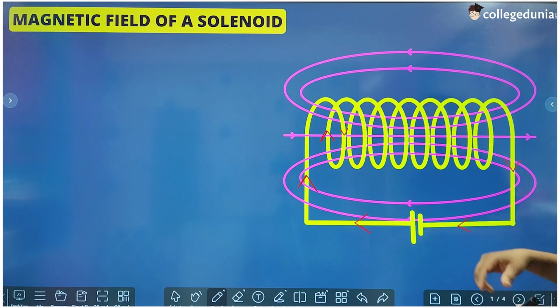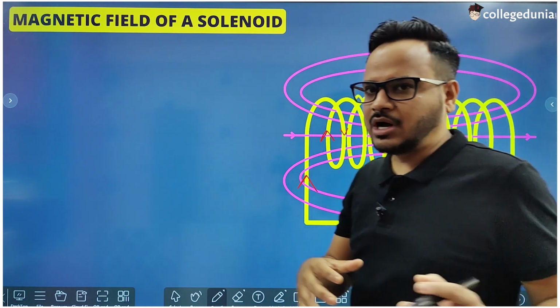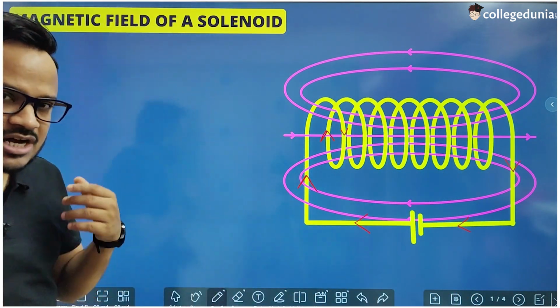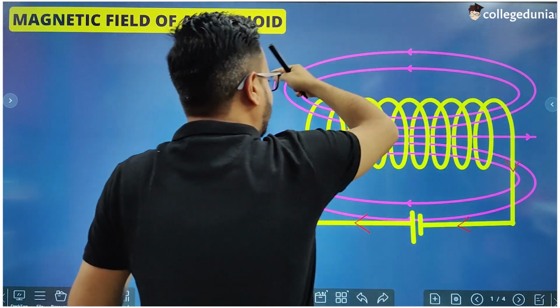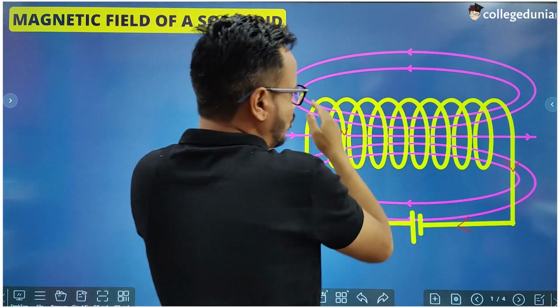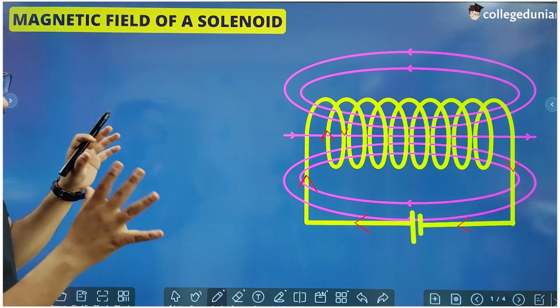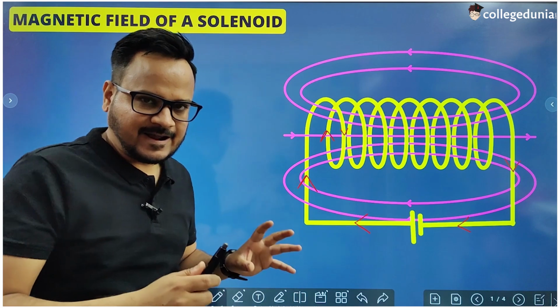So we all know that magnetic field lines emerge from north pole. I'm talking about the bar magnet. So magnetic field lines of a bar magnet emerge from north pole, and then they go like this and they go into the south pole, and inside the magnet they again go from south to north and a loop is completed. So you will get the same pattern of magnetic field line for a solenoid also, right?